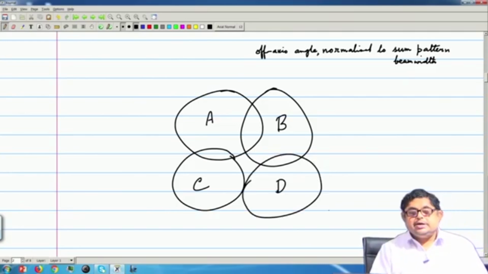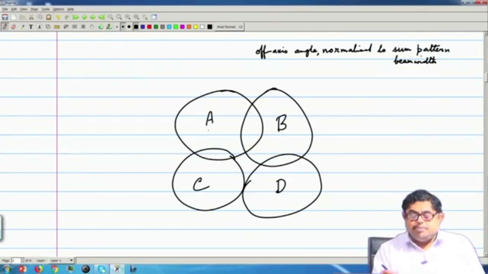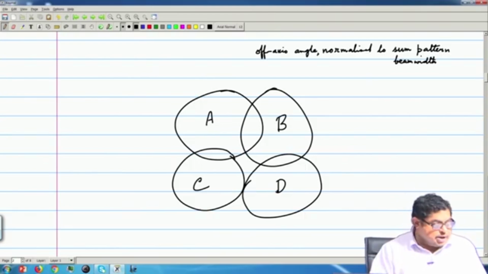So, from the 4 squint beams, the received voltages we are now calling ABCD. Previously, we were denoting them by VA, VB, VC, VD. Now, instead of calling every time VA, VB, VC, VD, we can say ABCD.